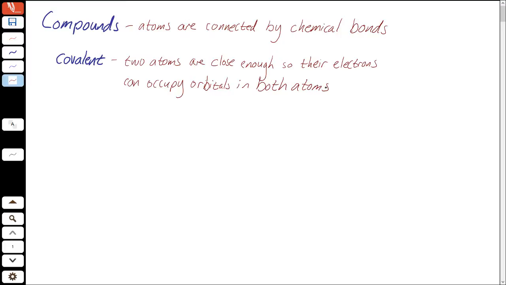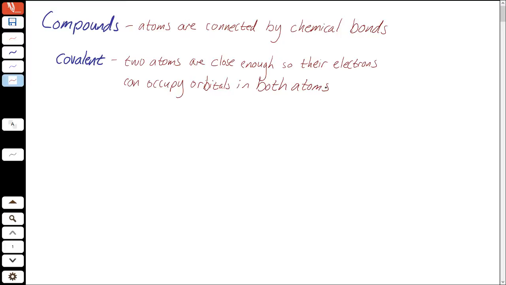So this is sometimes referred to as shared electrons. But we talked about how the electrons are outside in these orbitals outside of the nucleus. So if two atoms get close enough together, those electrons actually end up occupying those orbitals in both atoms at the same time. And for some compounds, that leads to a special stability that we'll get into in later chapters.